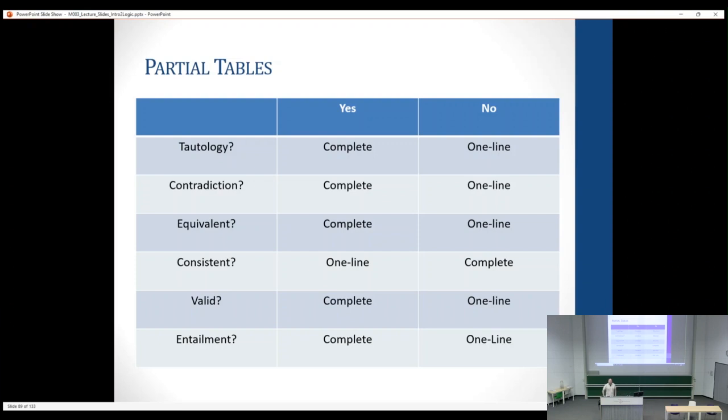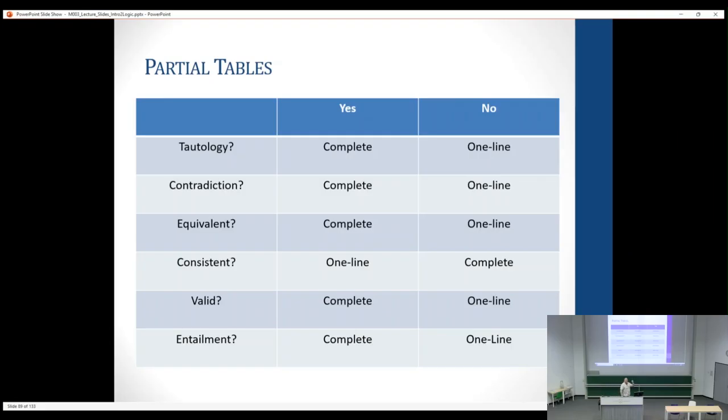On the flip side, we only need one valuation to show that a sentence is not a contradiction. We come up with one where it's true. So this gives us a way to do a shortcut. If you have a sentence and you want to show me that it's not a tautology, you don't need to give me a full table.